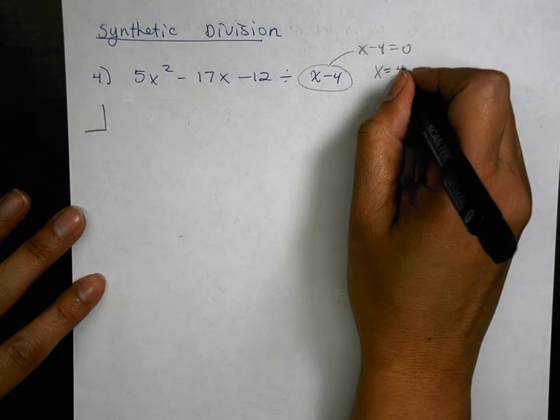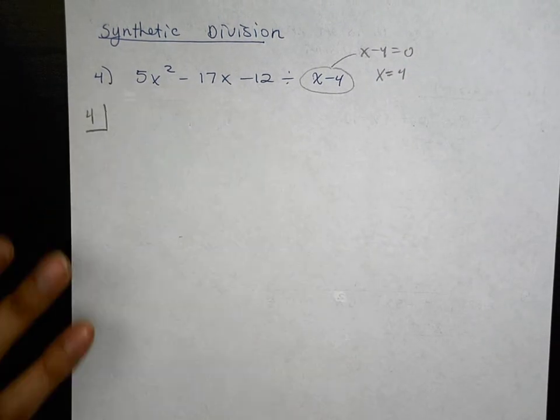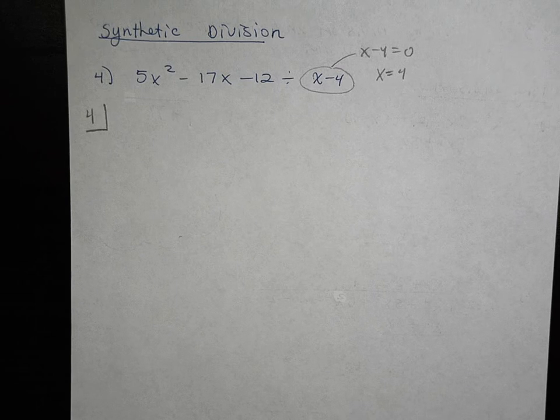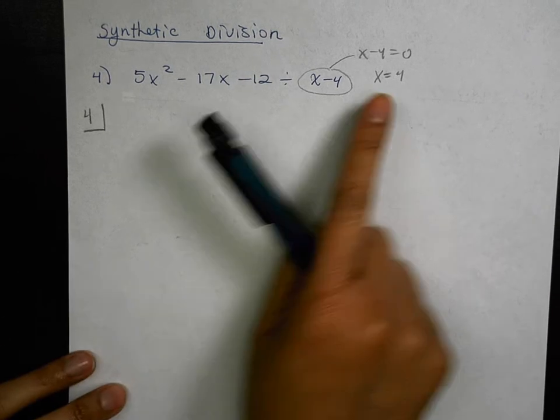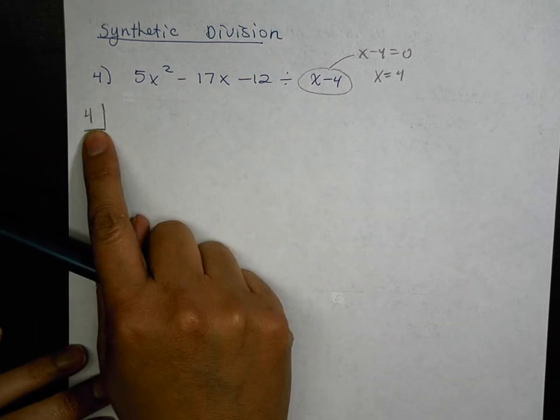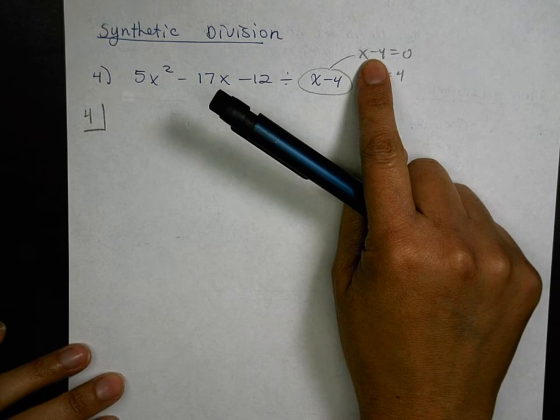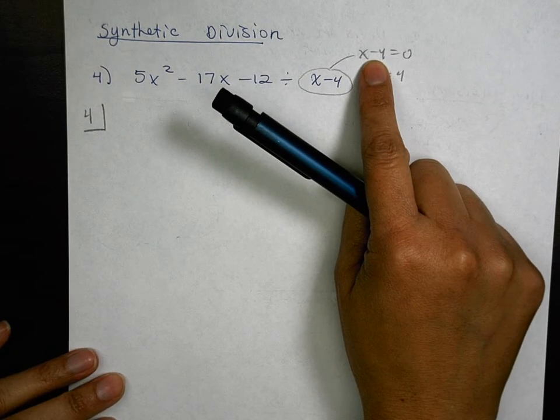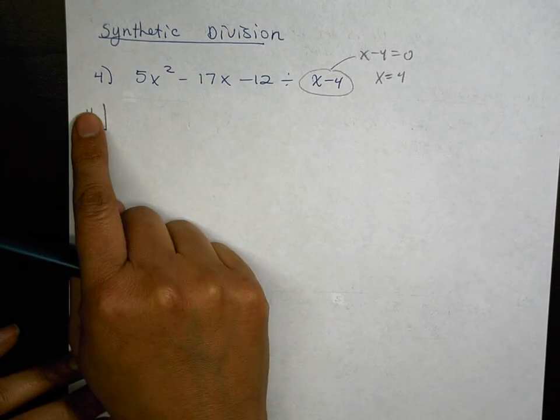So you pretty much take the opposite. If it was x plus 4 equals 0, you would get negative 4. Sometimes they will give it to you already solved, x equals 4. When they give it to you as x equals, you just put the number in. When they give it to you as a factor, like x minus 4, then you solve and take the opposite. Make sense? Okay.